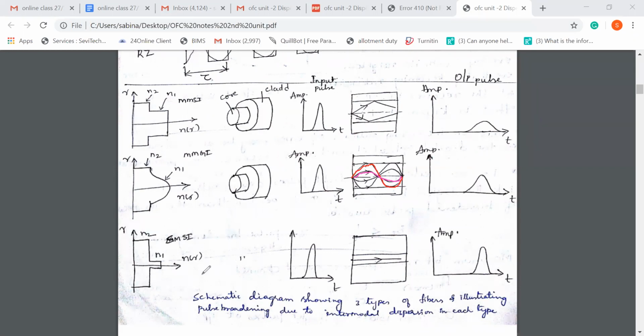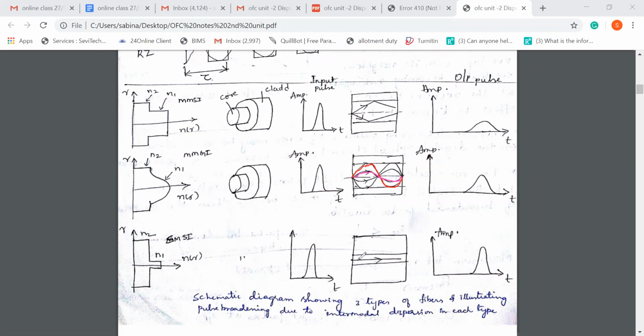Now for single mode step index, if you remember, only one mode is present, and your diameter will be very, very small. The diameter is small and the cladding will be more, and there is only one mode present. So for intermodal dispersion, we'll come to that, what the intermodal is.